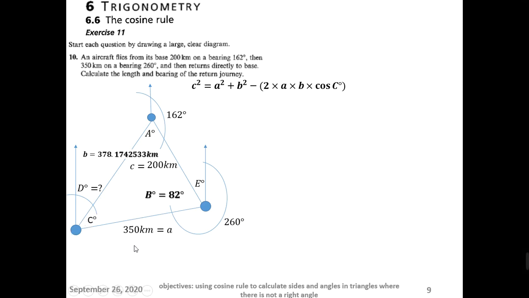Let's substitute. So C is 200 kilometers to the power of 2 is equal to side A, which is 350, squared plus side B, which is 378, to the power of 2 minus, inside the bracket, 2 times side A, which is 350, times side B, which is 378, times cosine the angle between side B and A, which is unknown.